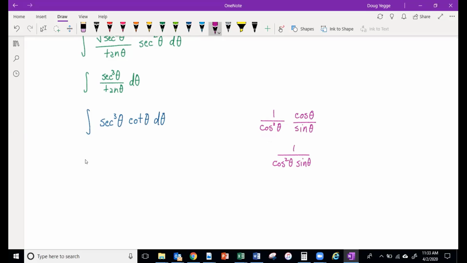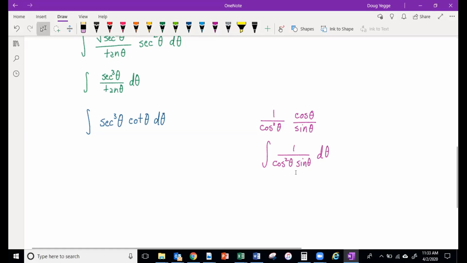Again, I am not real sure if this is going to be easier to integrate, because if I let u equal either sine or cosine, then I'm still running into an issue, because notice these are in denominators. So there's no sine theta d theta anywhere to be the derivative of cosine, and there's no cosine theta d theta anywhere to be the derivative of sine.